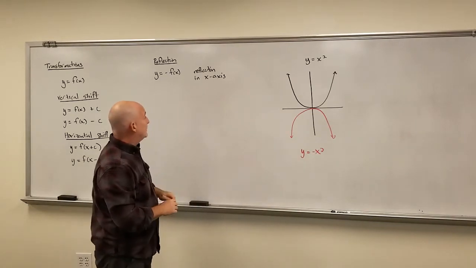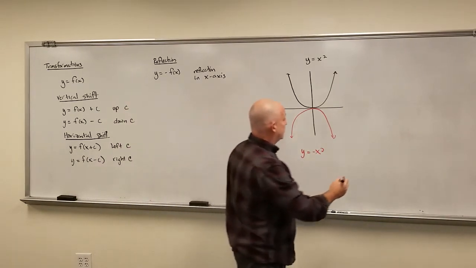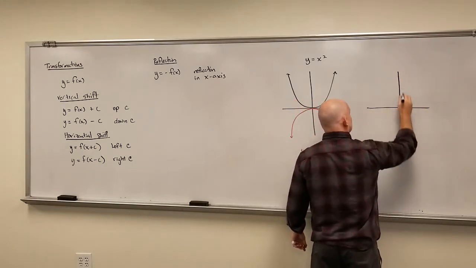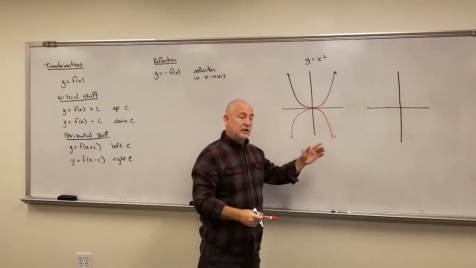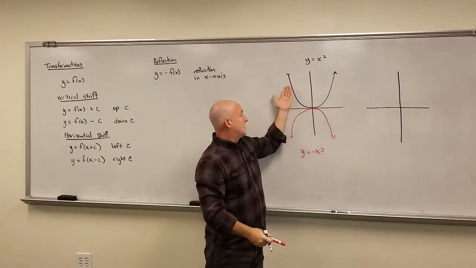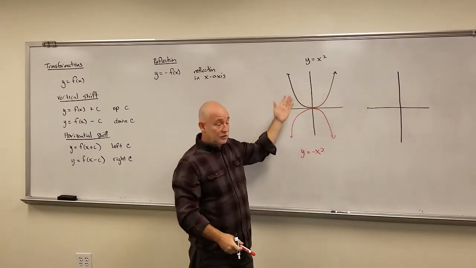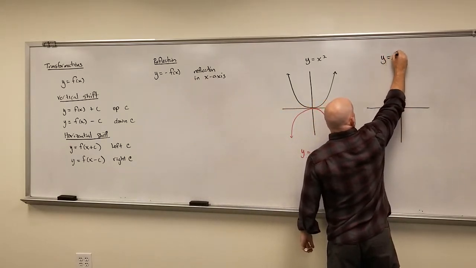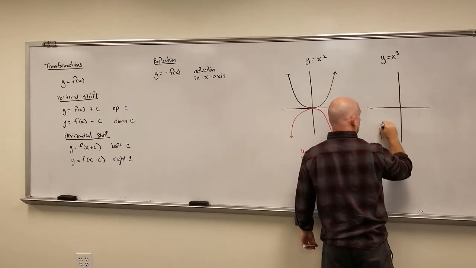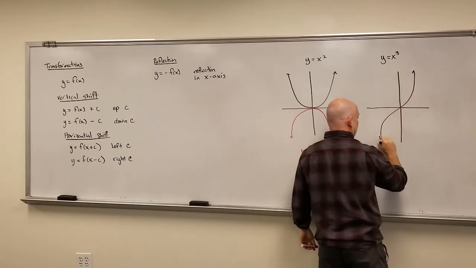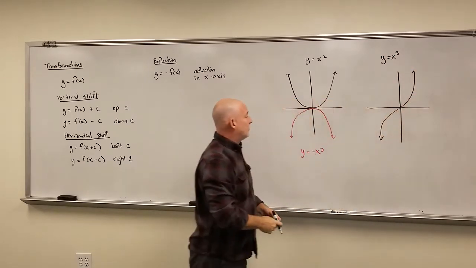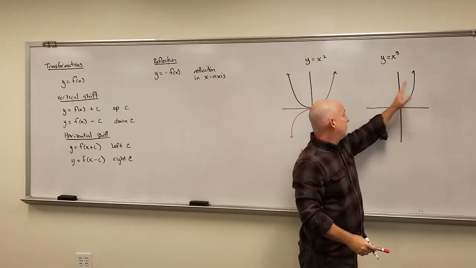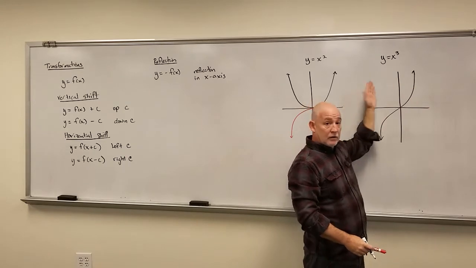Now, to reflect in the y-axis, visually speaking, would you agree if I reflect this in the y-axis, it's the same thing, so we actually couldn't visually see the difference. So I'm going to change my graph a little bit and write x cubed. Looks something like that. So to reflect in the y-axis, I want any x's that were over here to go over here, and any x's that were over here to go over there.